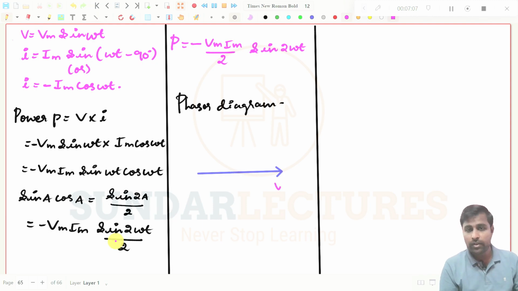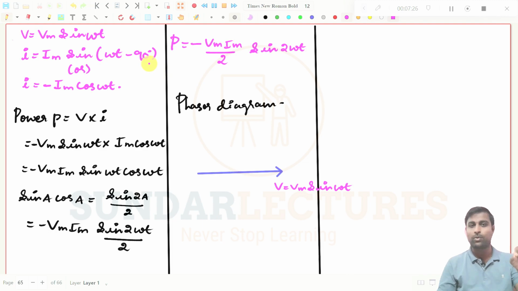So this is V. We know that V is Vm sine omega t. If I want to go for I, what is I? I is equal to Im sine of omega t minus 90 degree.